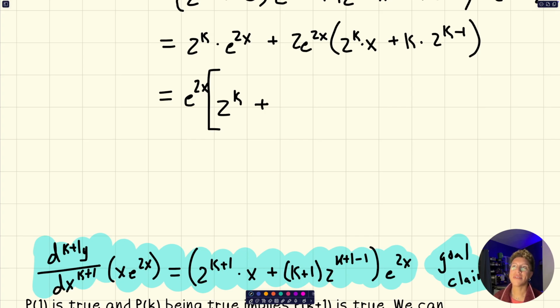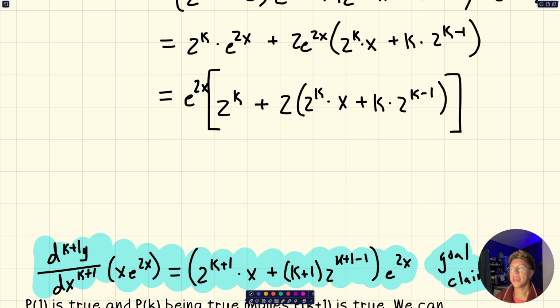And then for our second one, if we factor out an e to the 2x from this thing, we get a 2 left over, and then everything inside the parentheses is still there. So, not really difficult math, but stay organized. There's lots of places to make small math errors with this many moving parts.